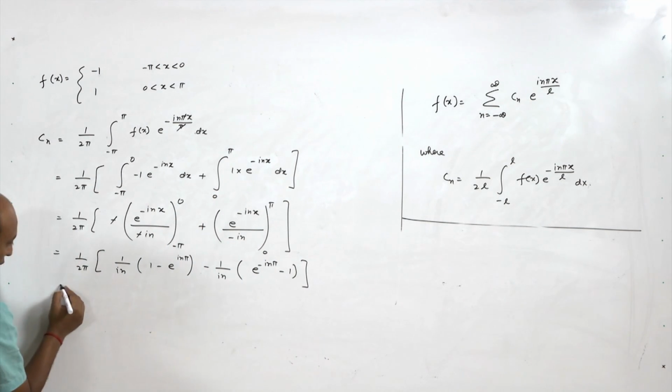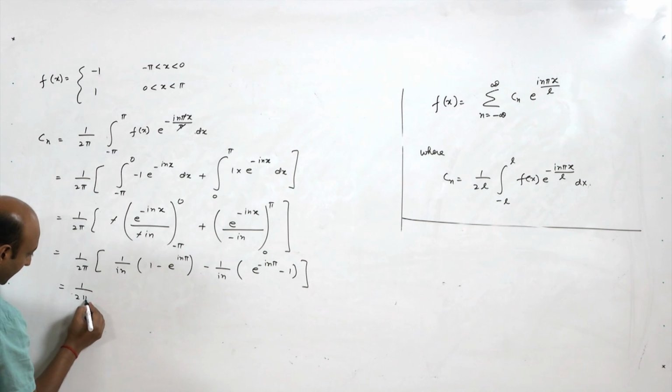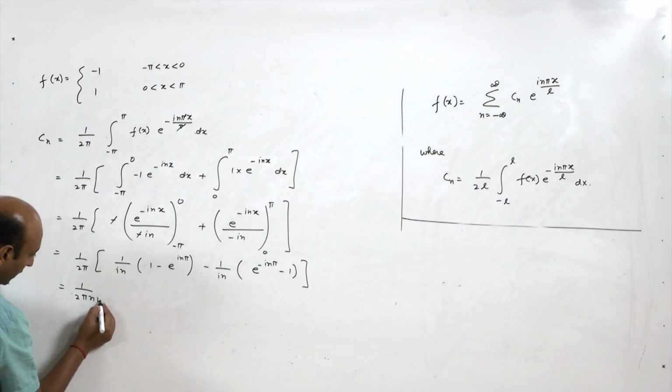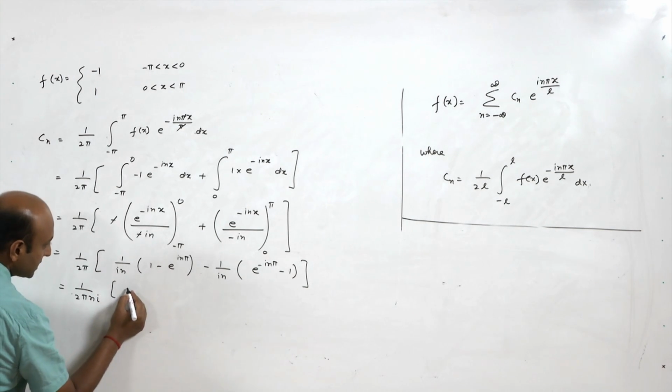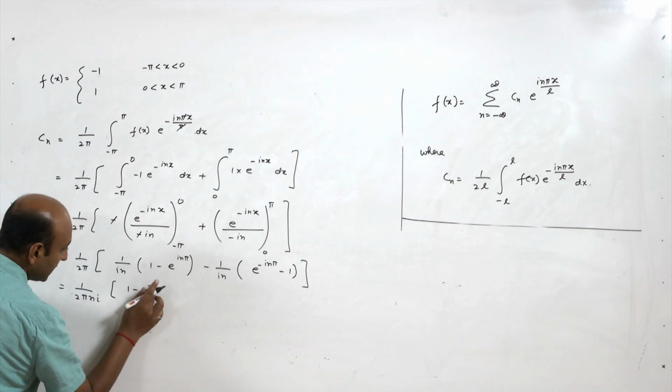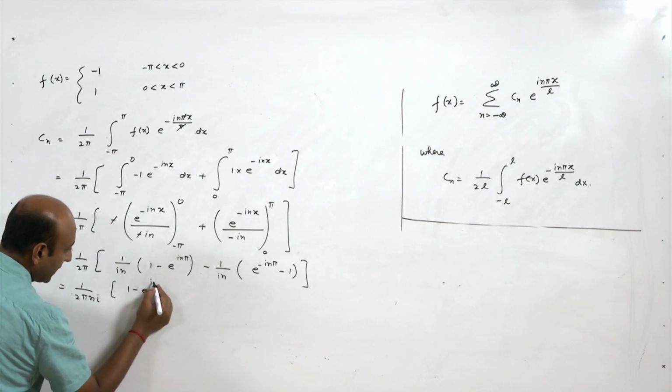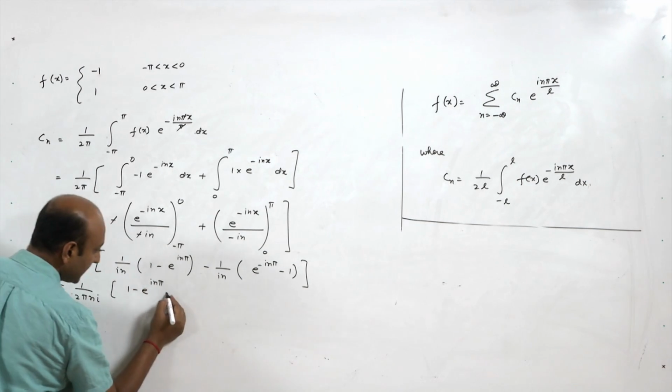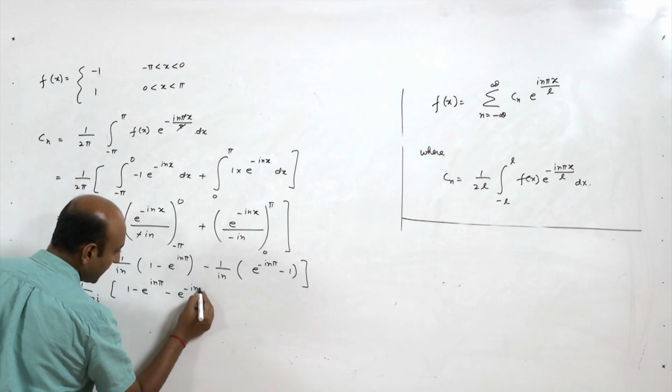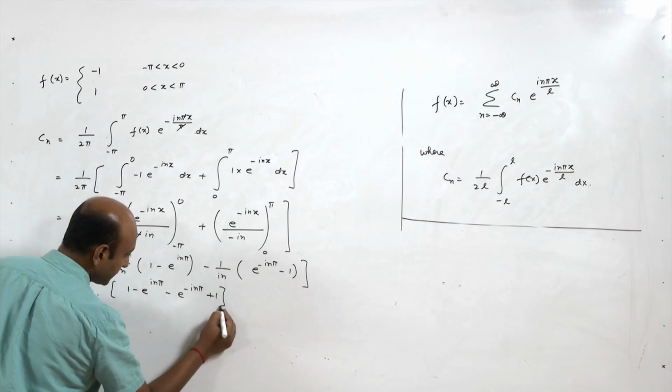Now, it is further equal to 1 upon 2 pi n into iota, 1 minus e to the power iota n pi minus e to the power minus iota n pi, minus minus plus.